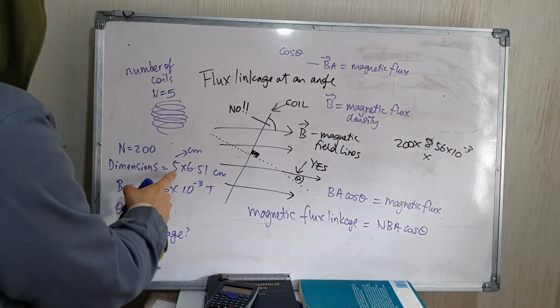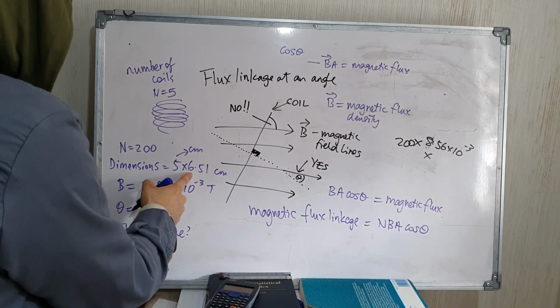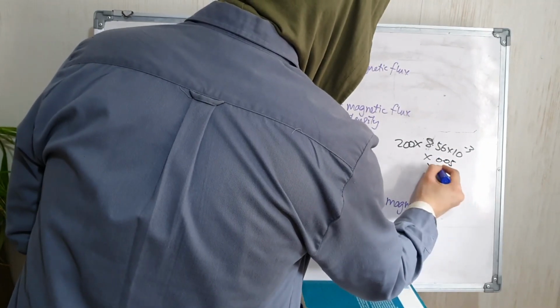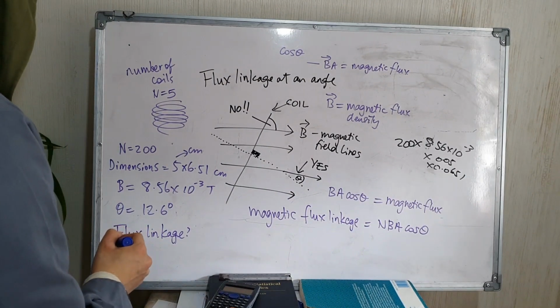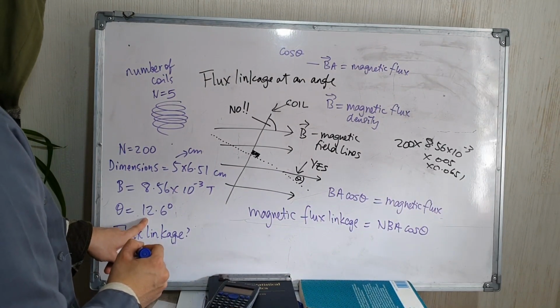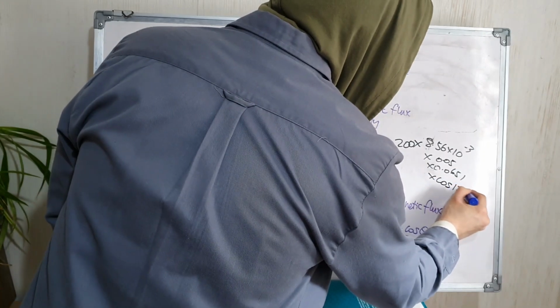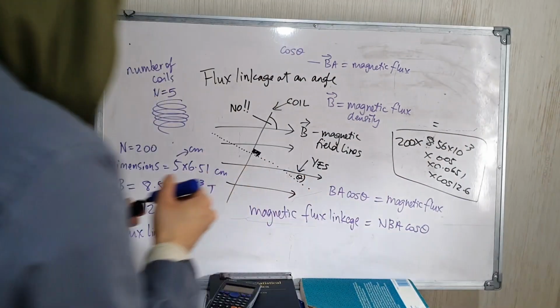Now the area, you need to convert that into meters. So that will be 0.05 times 0.0651. That's the area. And you times it by cos of 12.6. All right, so that's the working out.